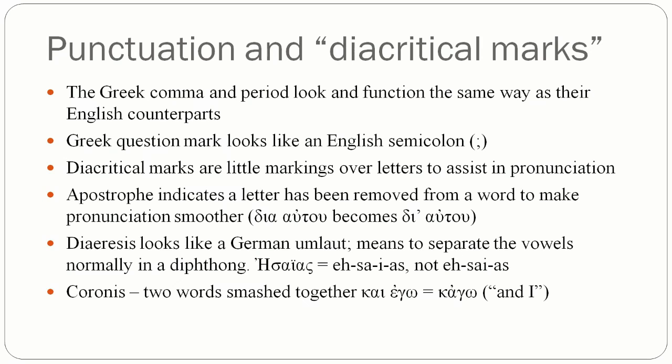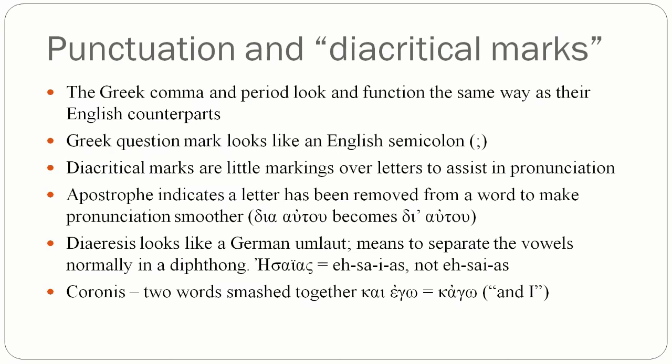Moving on now from breathing marks, we have a number of what we call punctuation marks, and then diacritical marks. I'll get into that when we start the discussion. But punctuation marks, of course, this is just telling you when to take a pause, or that this is the end of a complete sentence, the end of a thought.